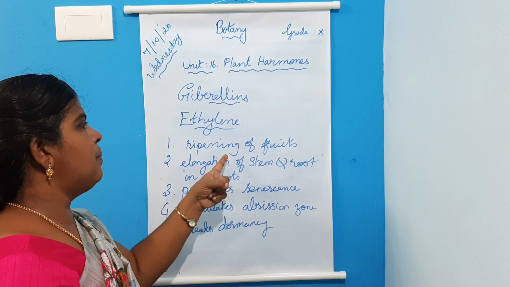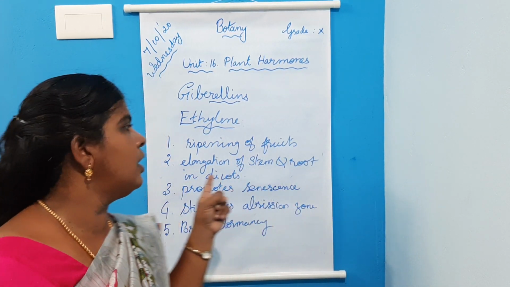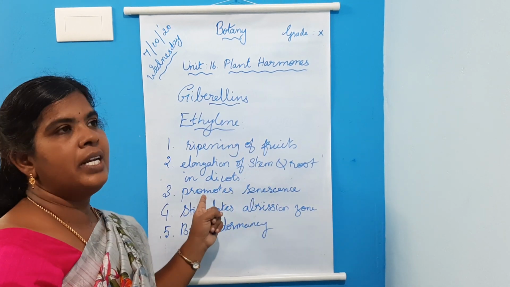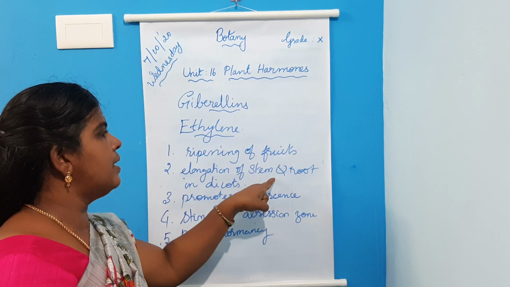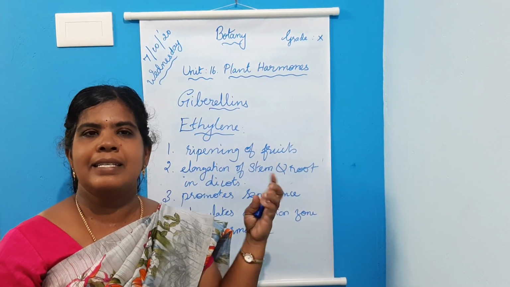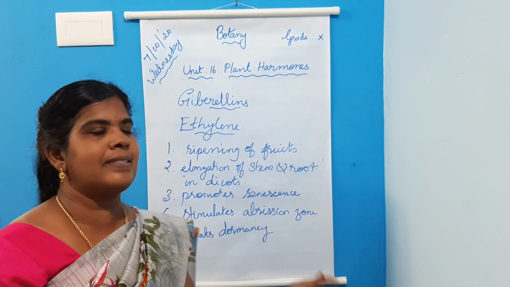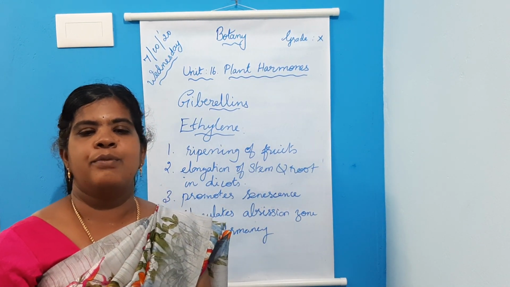Next, it inhibits the elongation of stem and root in dicots. Next, ethylene hastens or promotes senescence of leaves, flowers and fruits.